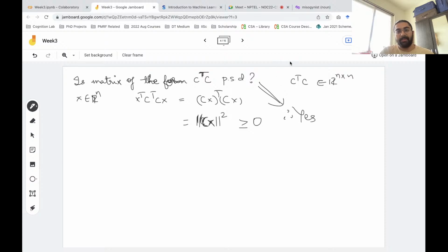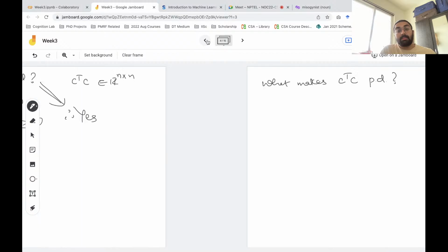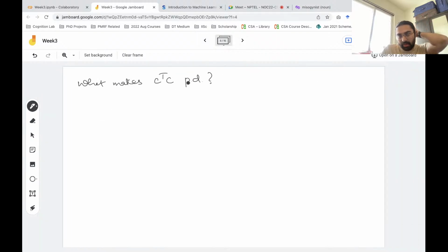It's always PSD. Sir, is there any property for PSD except that it is greater than 0? So greater than 0 means basically we're asking, is it PD or not, right? Is it positive definite? So now the question is, what makes C transpose C PD?